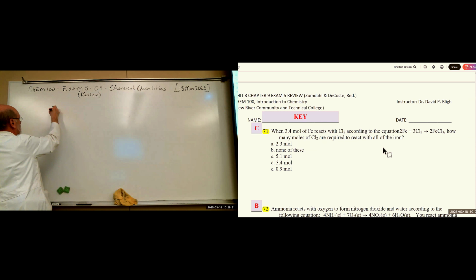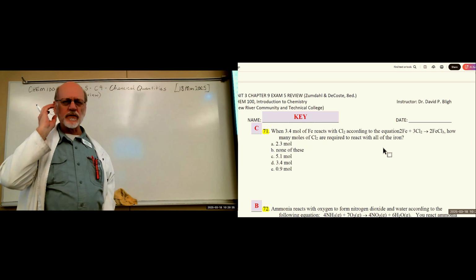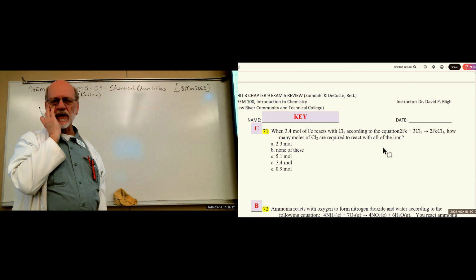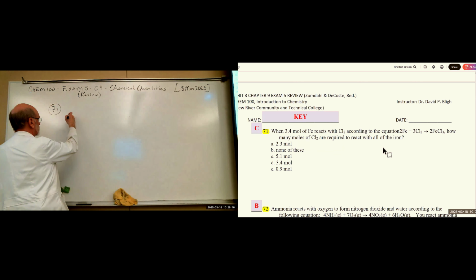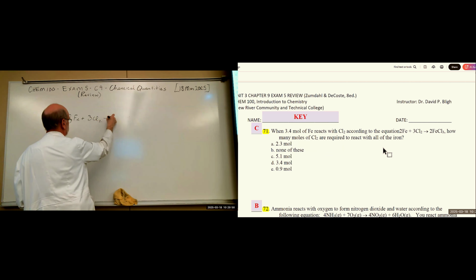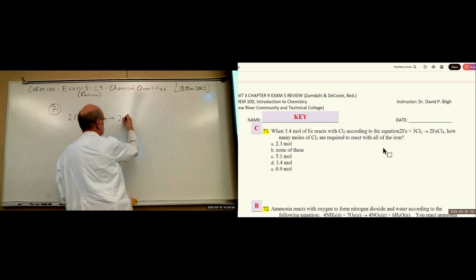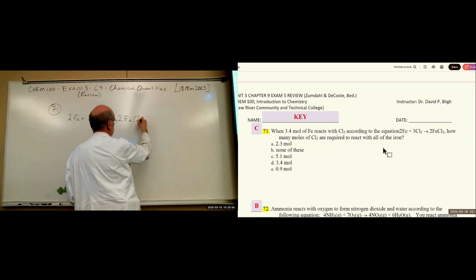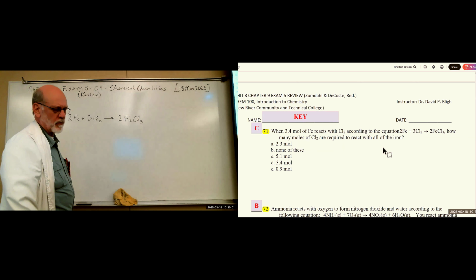71. When 3.4 moles of iron reacts with chlorine according to this reaction, how many moles of chlorine are required to react with all the iron? All right, so we have 2 irons and 3 chlorines. Yields iron 3 chloride. Okay, 3.4 moles of iron.